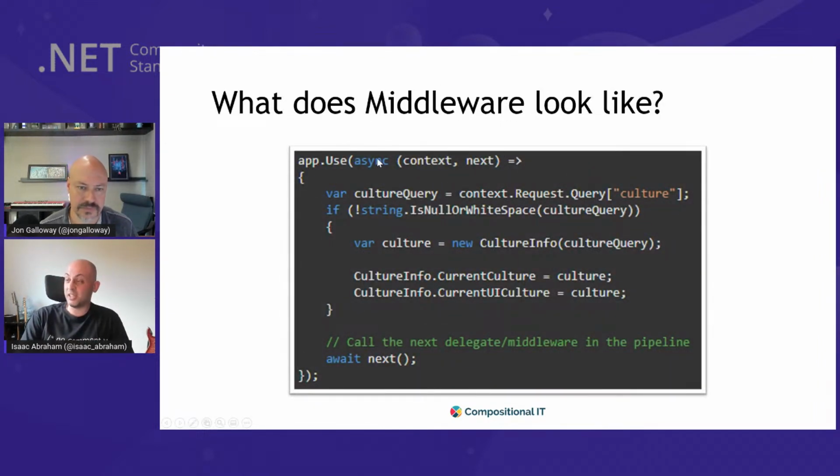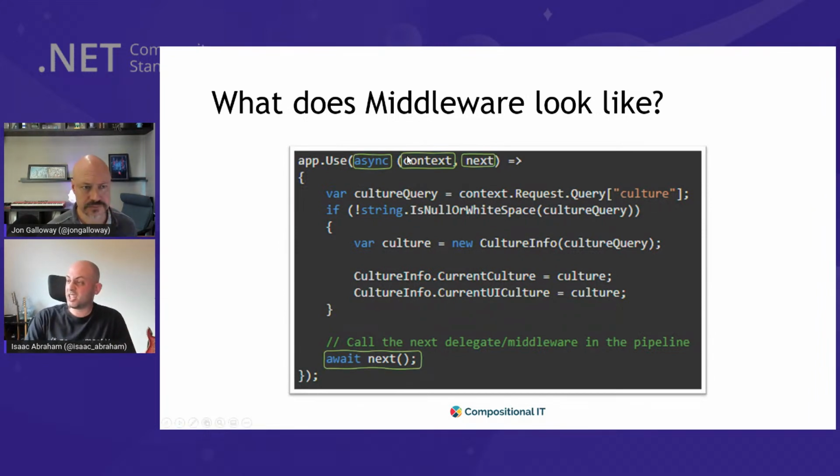What does it look like? Basically it's a function, and it says I've got some context, like the HTTP context, and a handler to the next item in the pipeline. And I'm going to do some code here. In this case, it's looking at the query string and saying, what's the culture? I'm going to set the current culture info to whatever is in the query string, and then I'm going to call the next pipeline piece and so on, yeah?